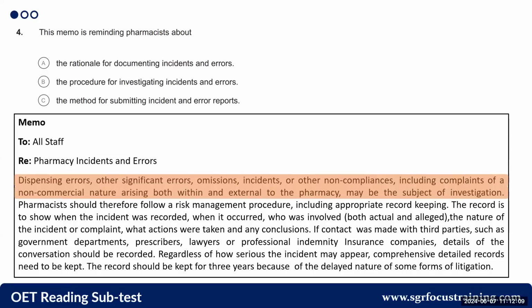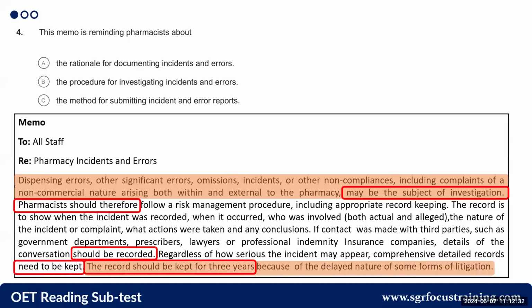Now let's take a look at the next sentence. But before we do, notice that we have strong words such as subject of investigation. We can see that the next sentence starts with pharmacists should therefore. Okay, right.